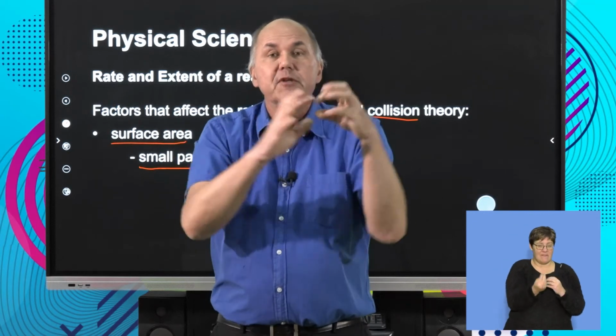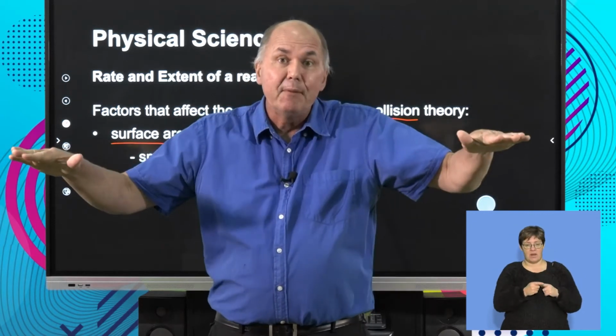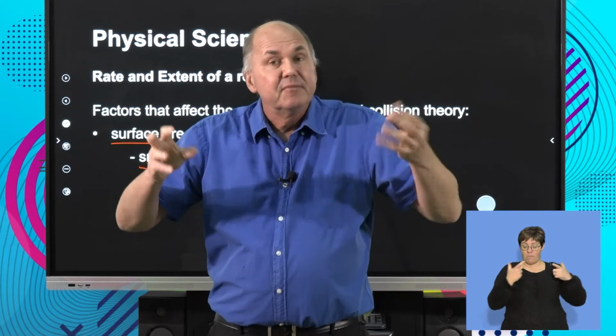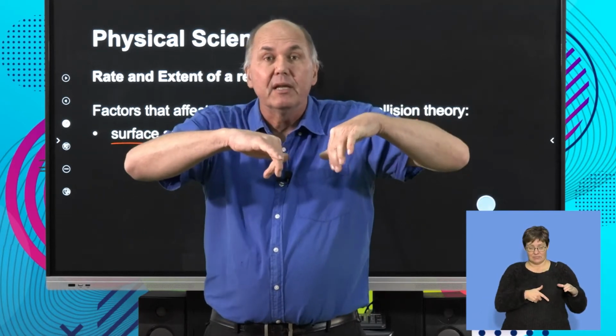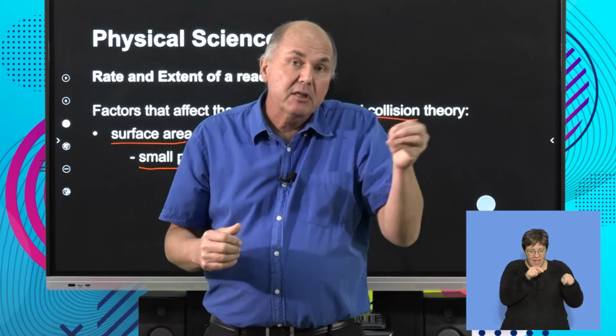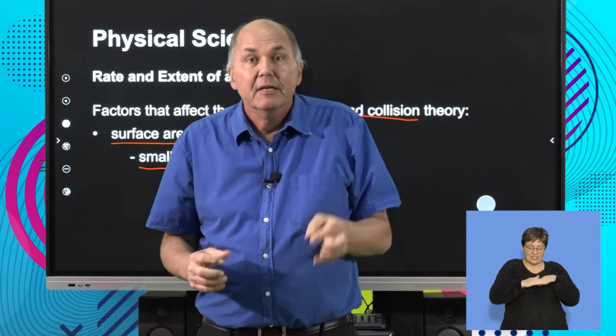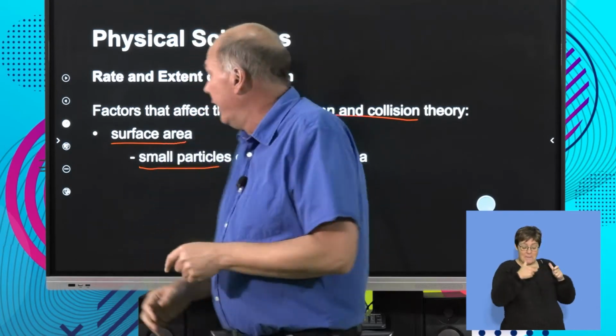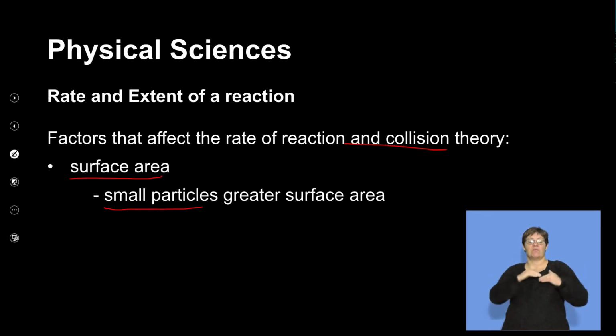The more surface is uncovered. If you've got a slab or a plate, then you can't get in between them. If you crunch them down into fine powder, each of those little particles has a bigger surface area. So the bigger the surface area, the higher the rate. Small particles, greater surface area, increase rate.